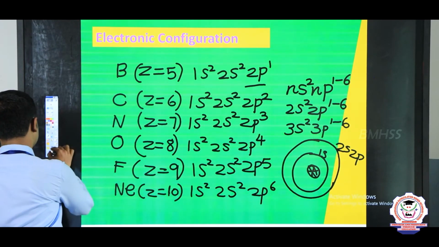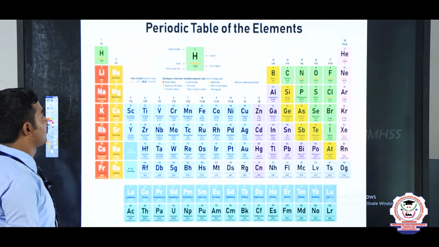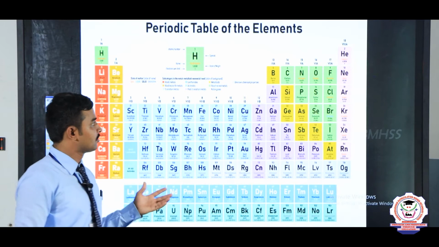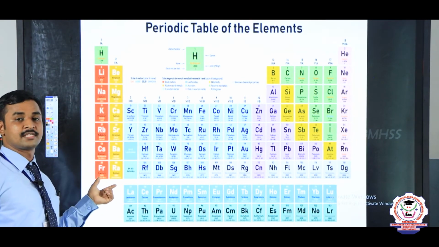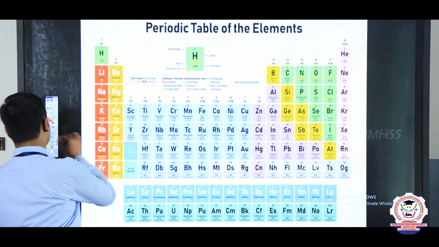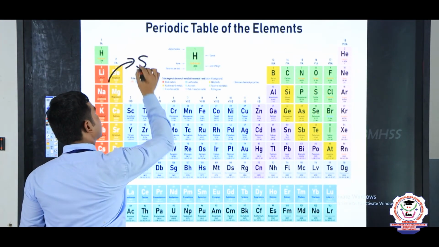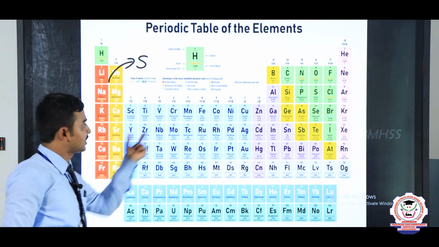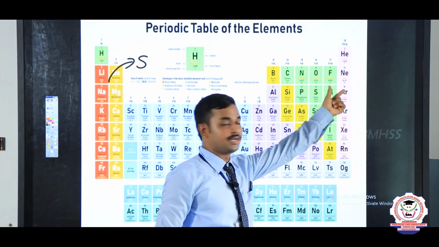Our next one is the next characteristic of p block elements in the periodic table. Let us look at the periodic table, in which the first two groups are represented as the s block, because the last electrons enter the s orbital. So, only it is called the s block, and the p blocks are present from boron to neon groups.